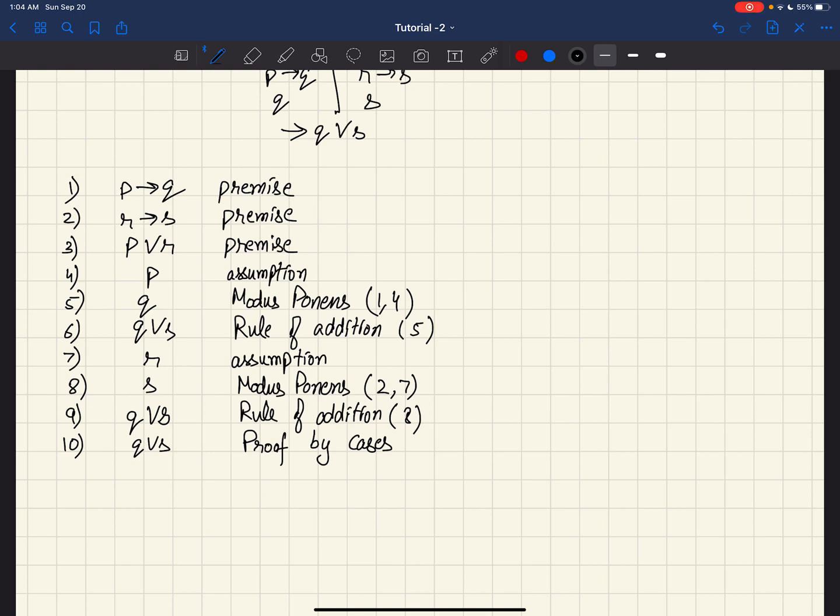This uses step 3, steps 4 to 6, which were our first assumption, and steps 7 to 9, which were the second assumption.